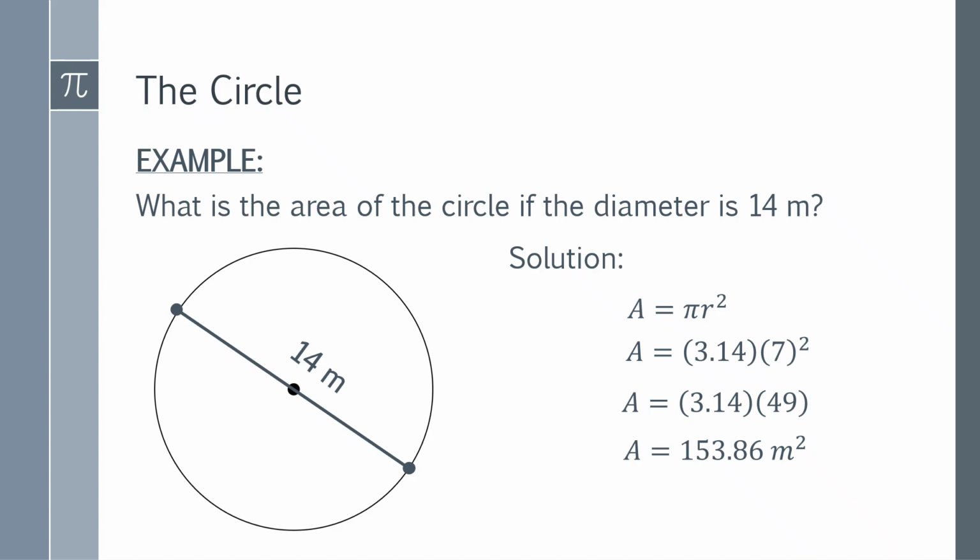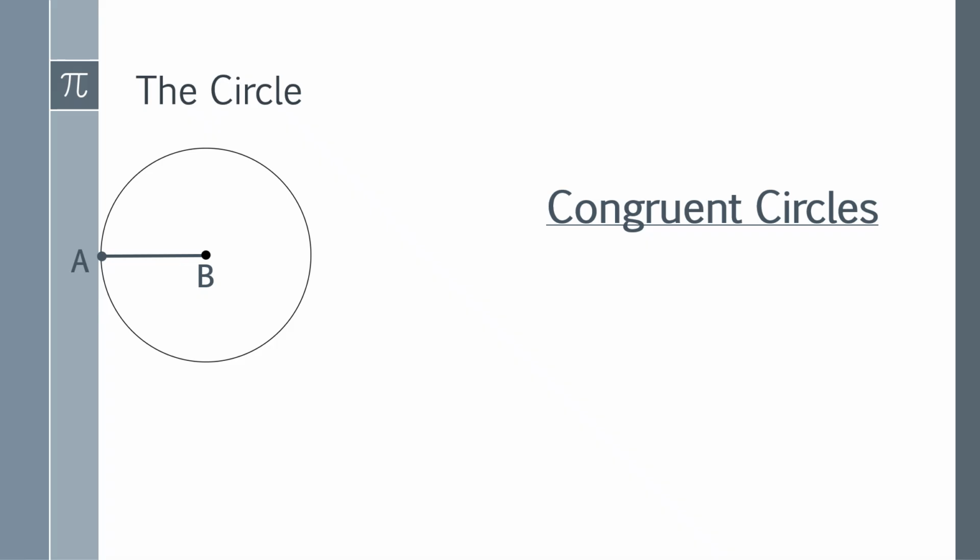Let's have the next one. Okay, let's have a continuation of our terminologies, or the basics of circles. Next one, we have the congruent circles. When you say congruent circles, as you can see on this figure on your left, we have two circles with the radii AB, and the other one is FG.